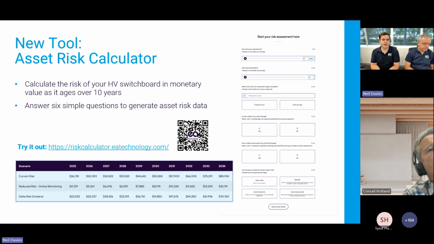So the way that we're quantifying risk in this scenario is looking at the different failure modes. Monitoring itself doesn't stop defects from starting, but what it does do is allow you to lower the probability of that defect evolving into a catastrophic failure.